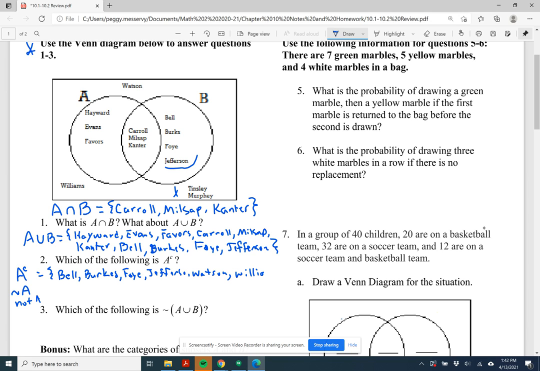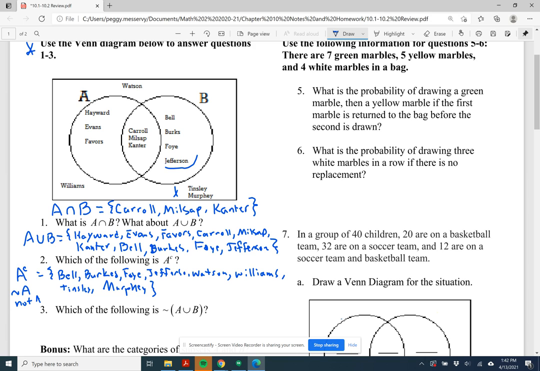So I've listed the ones that are in B. Now I'm listing the ones that are not in A or B. I think we're almost there. Oops. Murphy. Okay, I think that's it. 4 and 4? Yep.